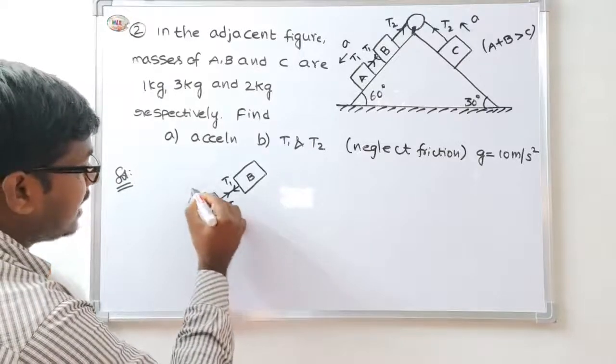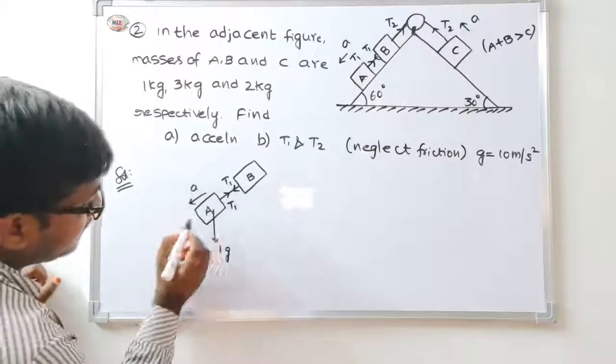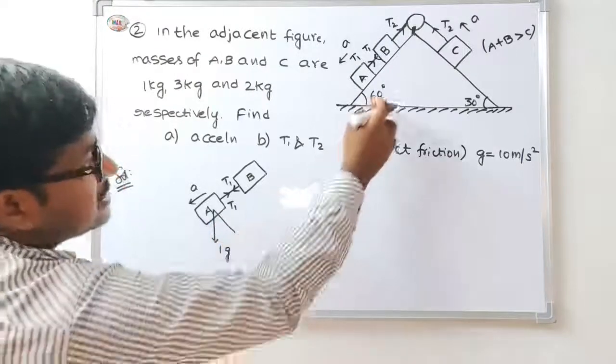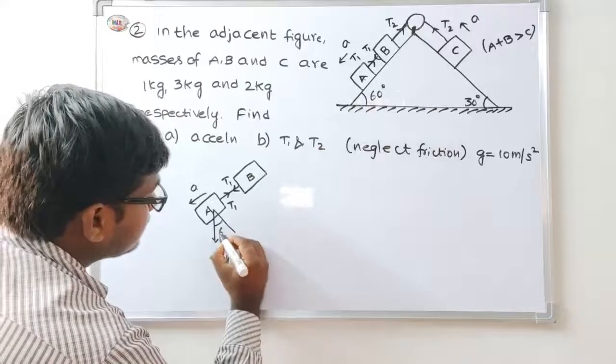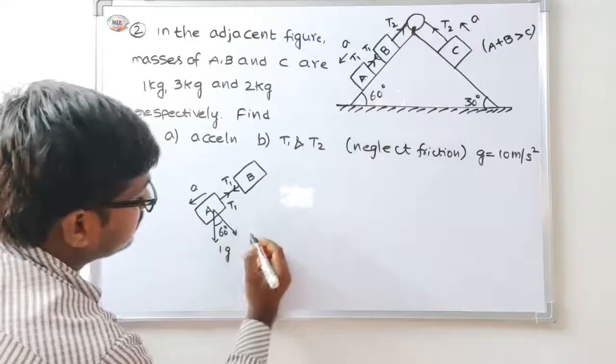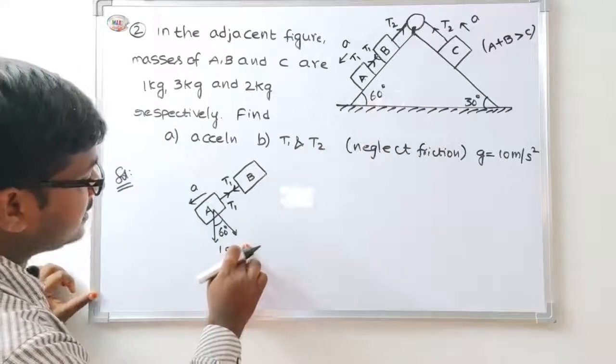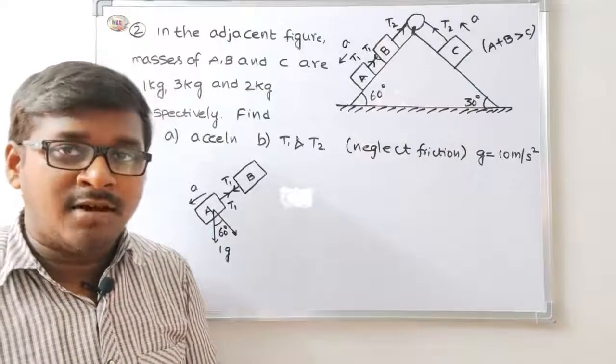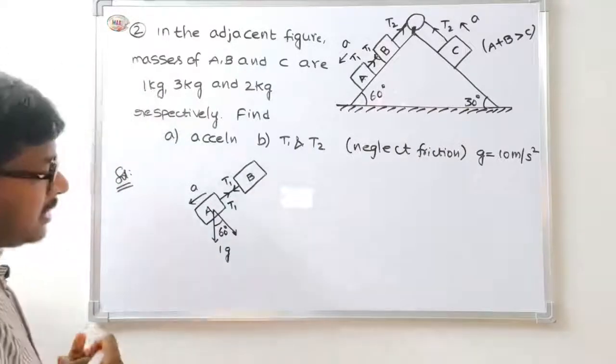Okay, acceleration is acting in this direction, making an angle 60 degrees. The angle 60 degree is resolved into two components. One is the horizontal component, another one is the vertical component.